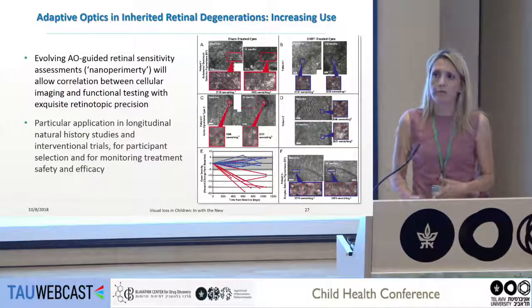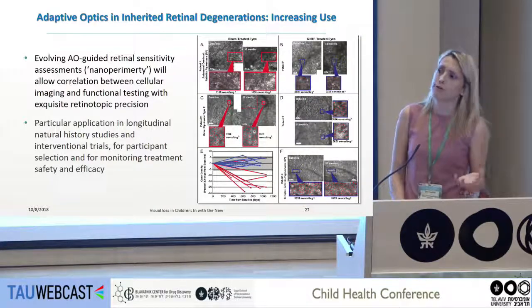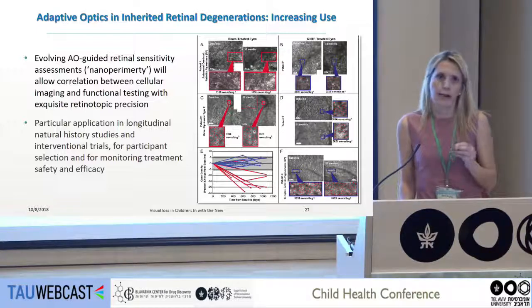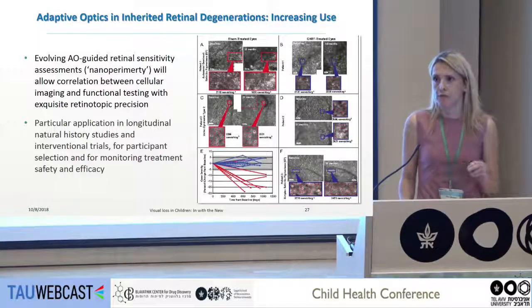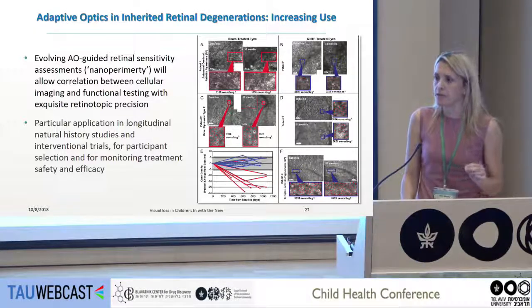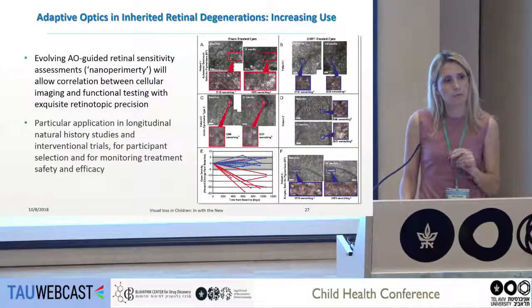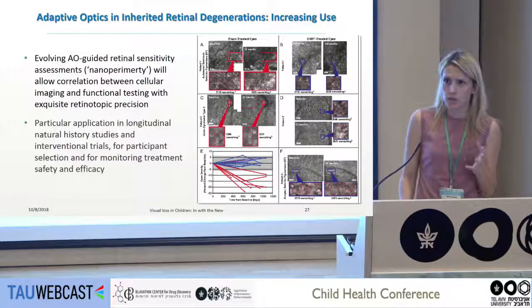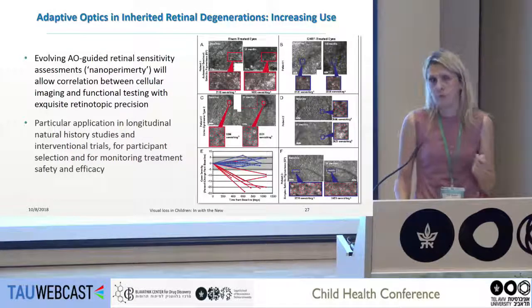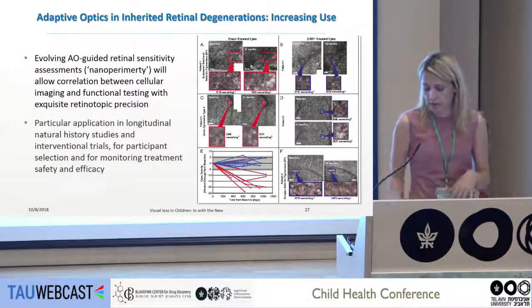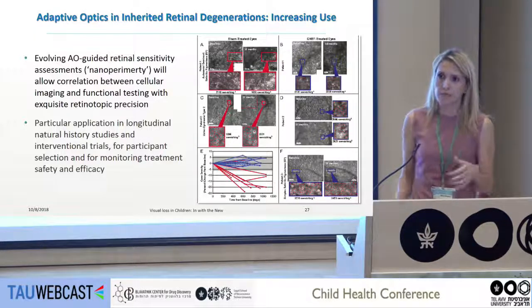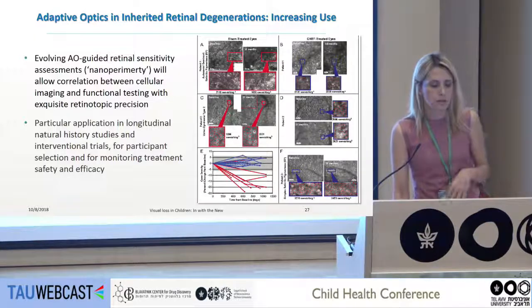So beyond doubt, adaptive optics has improved our understanding of the cellular anatomy and biology in retinal degenerations. An increasing number of clinical trials are currently employing this imaging modality for patient selection, stratification, as well as for monitoring of treatment outcomes. And we certainly expect that the use of such imaging systems will continue to rise in the future.